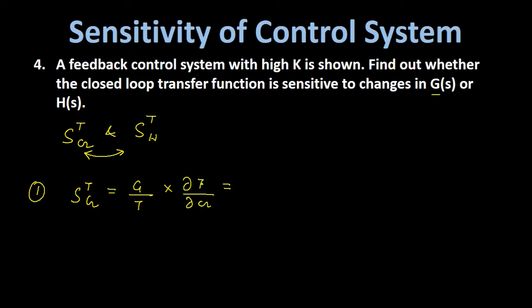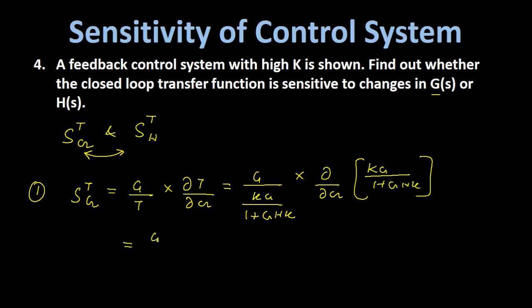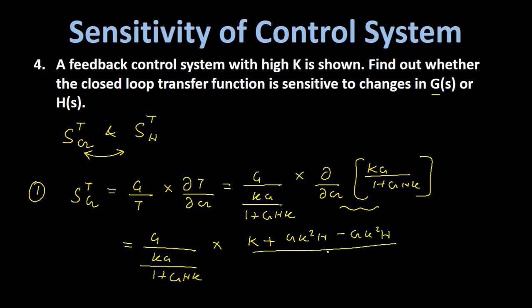Now we put the equation of T here. We get G by KG divided by 1 plus GHK, into the partial differentiation of KG divided by 1 plus GHK. After differentiating, we get K plus G K squared H minus G K squared H, divided by (1 plus GHK) whole square.